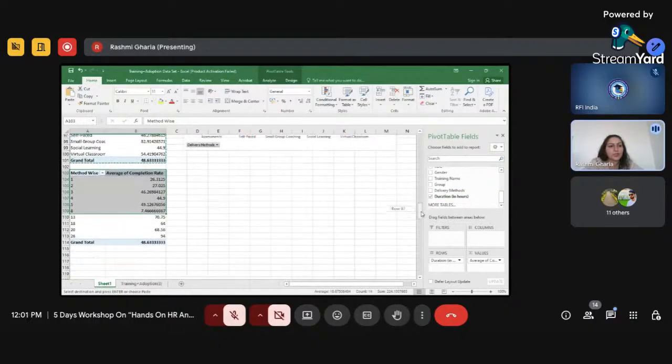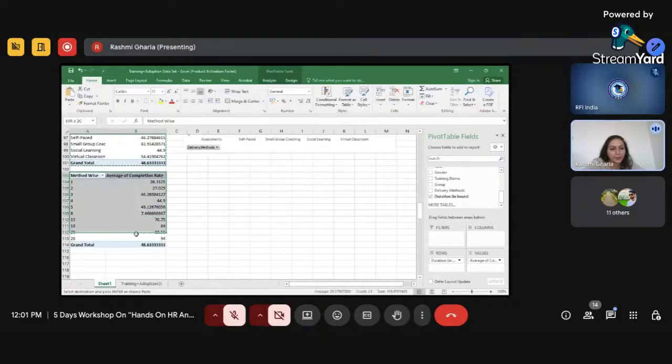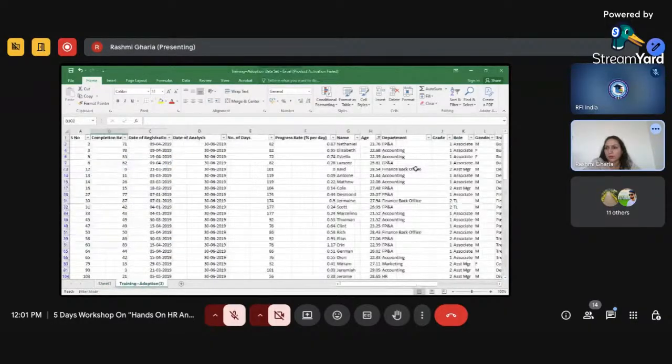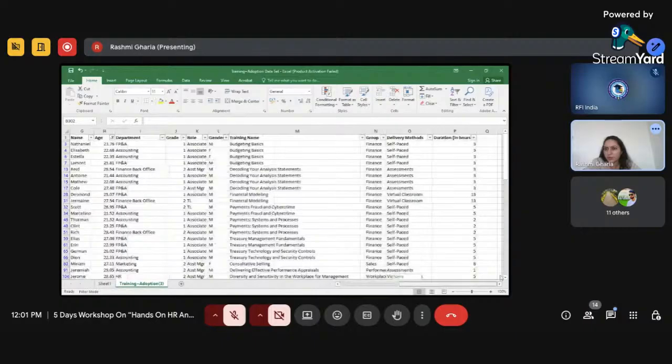Yes. If you see this, what can you interpret? Duration-wise, completion rate. If the duration is 1 day, then the completion rate is? It is just given in hours, right?